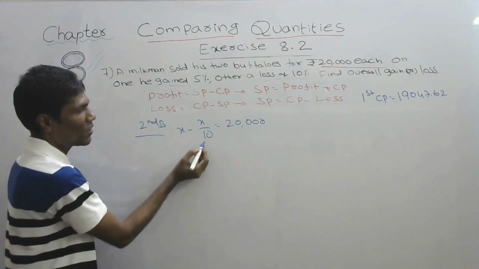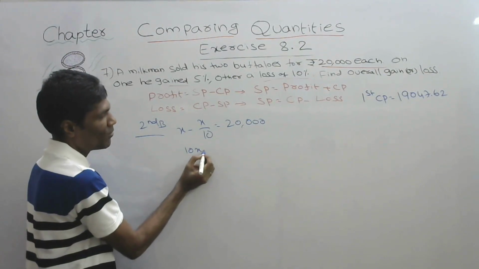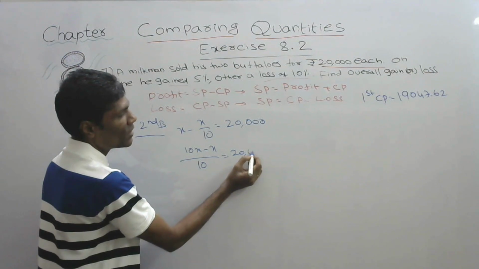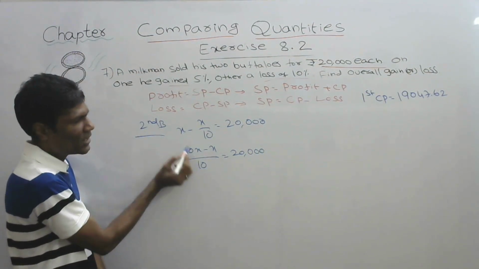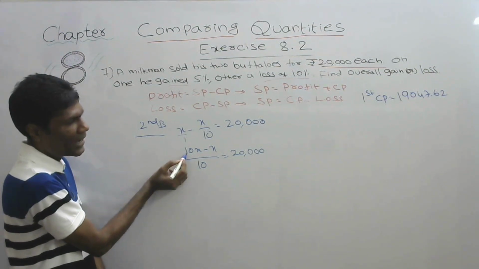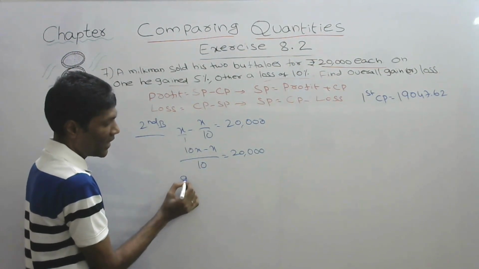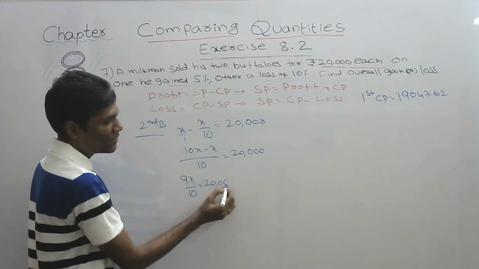Now, let us solve. 10X minus X by 10 equal to 20,000. So we know this now. 10 as LCM, by 1, 10X minus X. So 9X by 10 equal to 20,000.